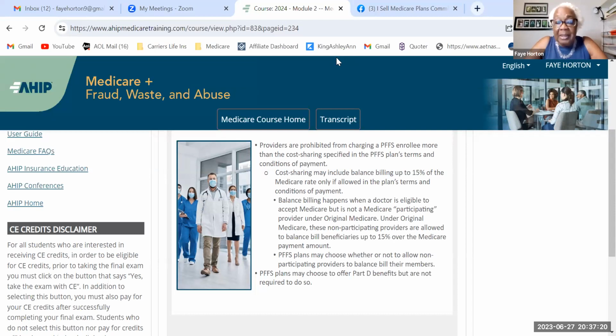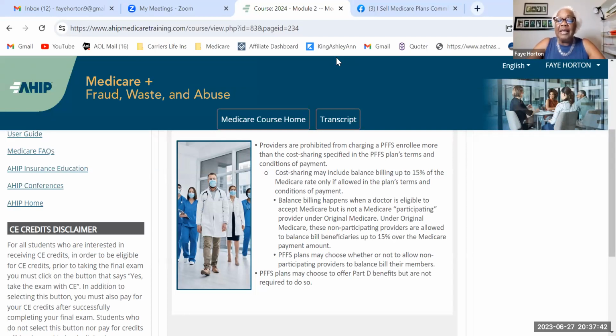Balance billing happens when a doctor is eligible to accept Medicare, but is not a Medicare participating provider under Original Medicare. Under Original Medicare, these non-participating providers are allowed to balance bill up to 15%. That was what I just told you.